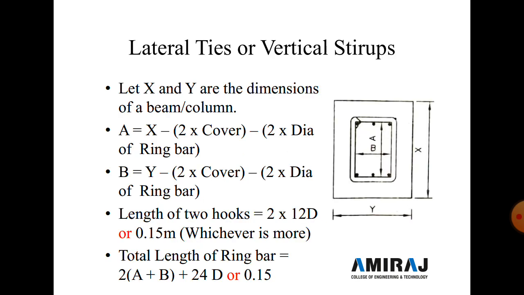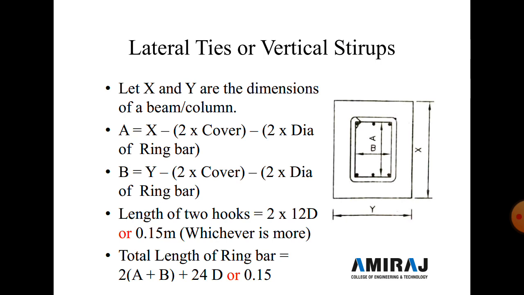Now lateral ties or vertical stirrups. Here we calculate the lateral tie length by a formula. See these figures: x and y are the column dimensions or the beam dimensions.